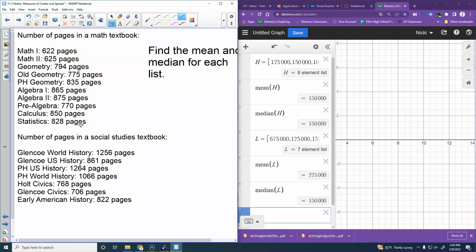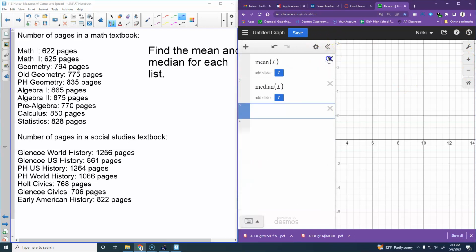Let's see. I'm going to split you guys down the middle. So right down here. If you're on this side, I want you to type in all of the math book pages over here. If you're on this side, I want you to type in all of the history book pages. Find the median and mean for both. Okay, so math over here, history over here.